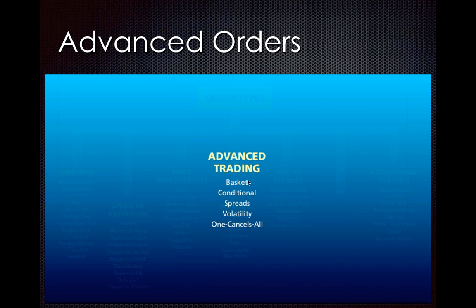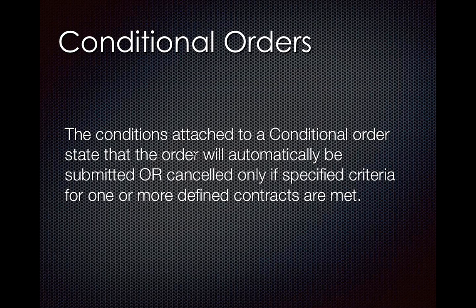I think at this point of time, there is no reason to discuss basket order. We don't have enough volume trading. We don't have enough clients who would be inclined to trade such orders, and conditional orders are more in line with our interest.